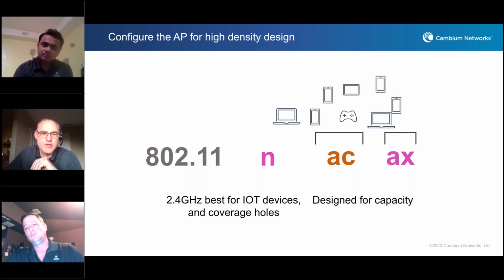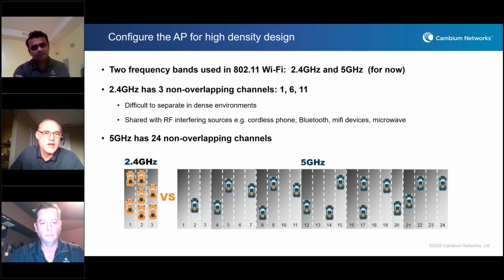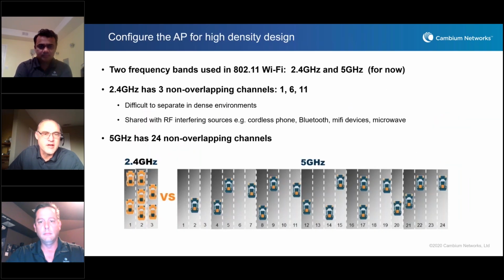So why is that so important? Well, here's an illustration of why we see so much improvement in 5 gigahertz. I've got to remove my automatic slide forwarding here, so I'm going to have to click back a few times to make this stick. Okay, so when we configure the AP for high density and we look at a 2.4 gigahertz versus a 5 gigahertz network, this is a well-used illustration.